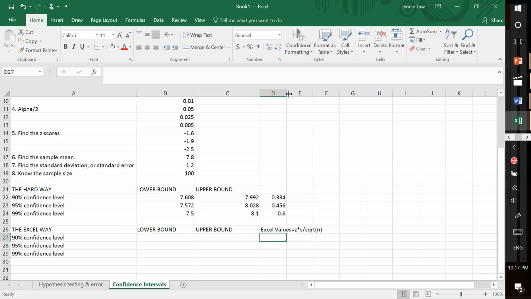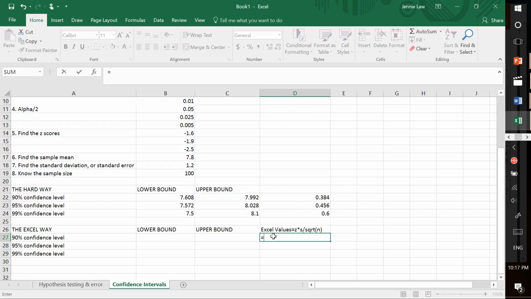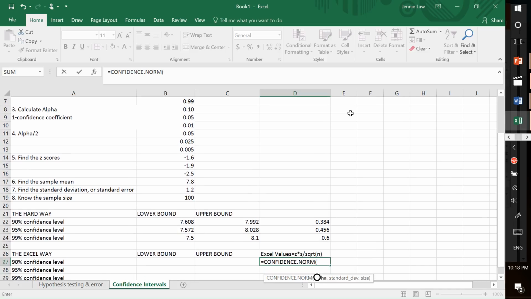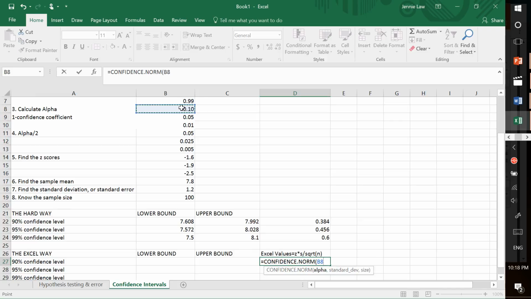So in order to get those values, all we have to do is go into Excel and use the formula equals CONFIDENCE.NORM, because we're saying that there's a normal distribution here. We need to set our alpha level. So I'm going to go back up here, and I'm going to start with the 0.10, the 10% alpha level.